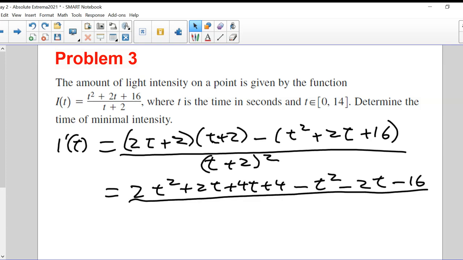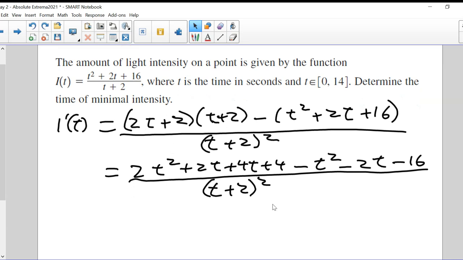All of the things in the brackets are being subtracted, over t plus 2 all squared. Let me quickly tidy this up. 2t squared minus t squared is just t squared. 2t plus 4t is 6t, minus minus 2t is plus 4t, so 6t plus 2t. And 4 minus 16 is minus 12.